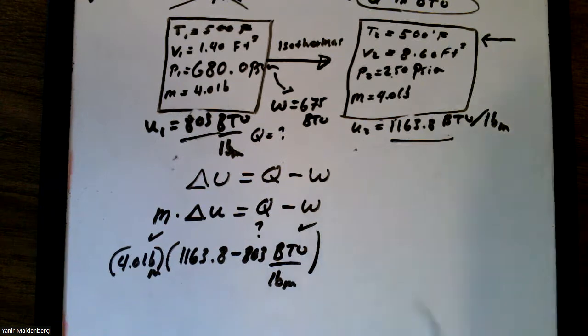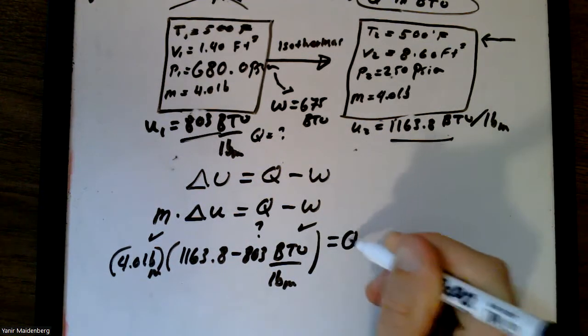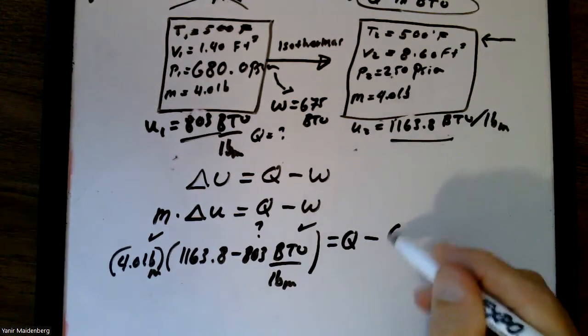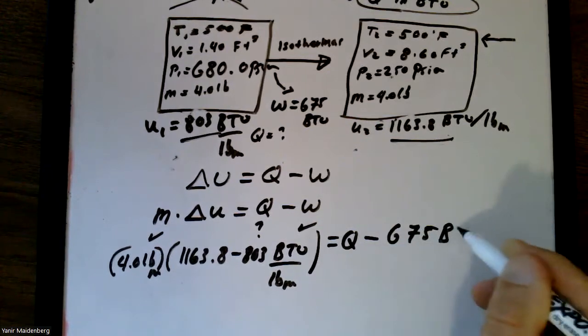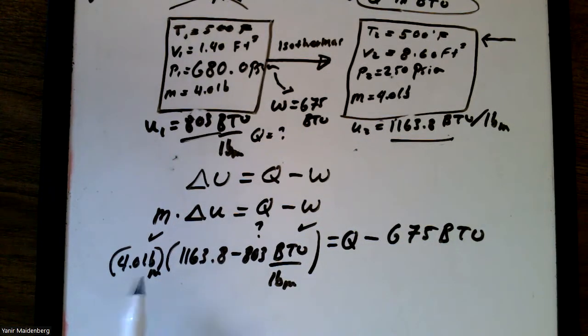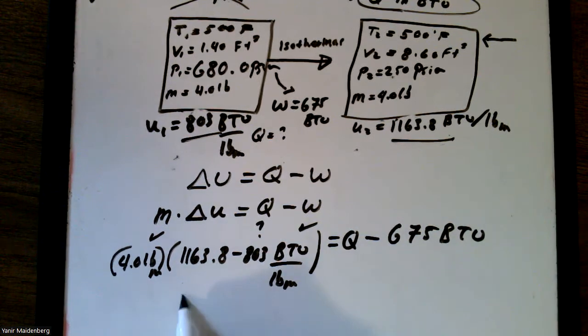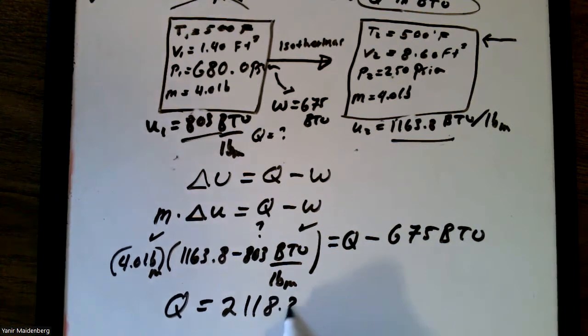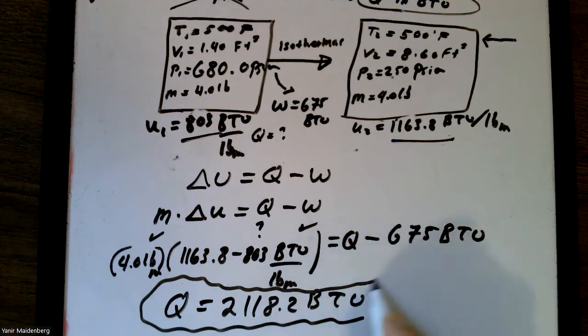M delta u equals Q minus 675 BTU. Do I have to do any conversions? No, because the pounds cancel, and I get the left side of my equation in BTU and the right side in BTU. Then you just solve for Q and you find that Q is 2118.2 BTU, meaning that this process requires an input of about 2000 BTUs for this to work.